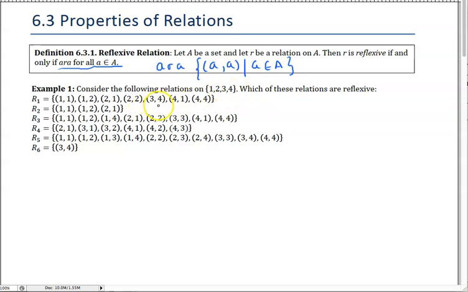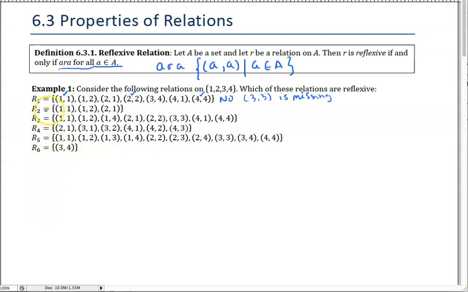It can't be just some of them, it has to be all of them. For relation 1, I notice that (1,1) is there, (2,2) is there, (4,4) is there, but (3,3) is missing. So that would be a no. R1 is not reflexive.